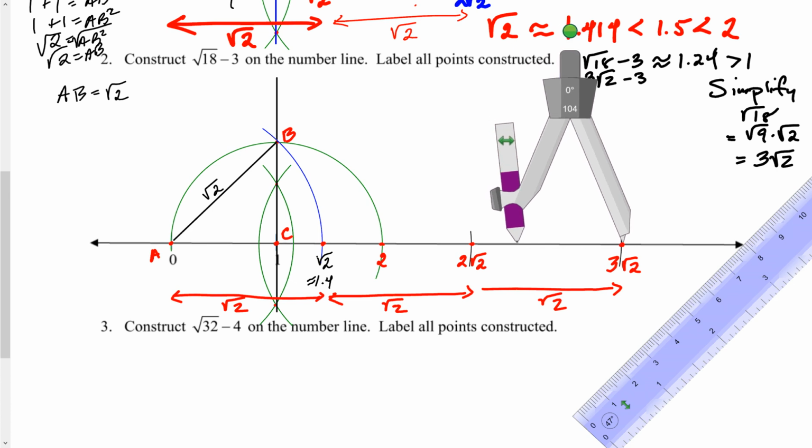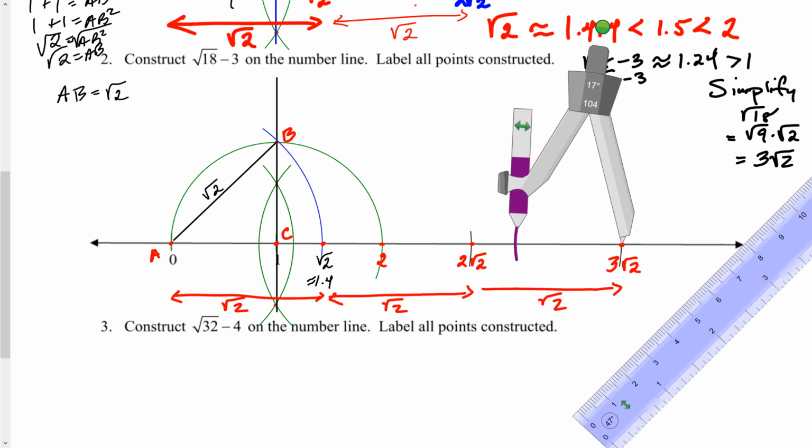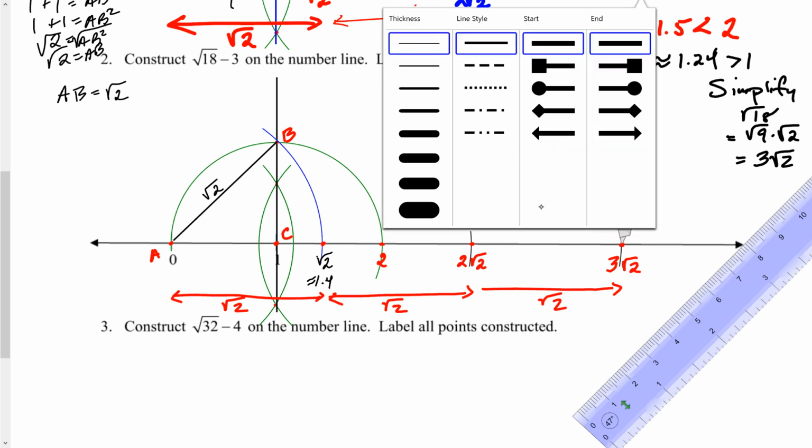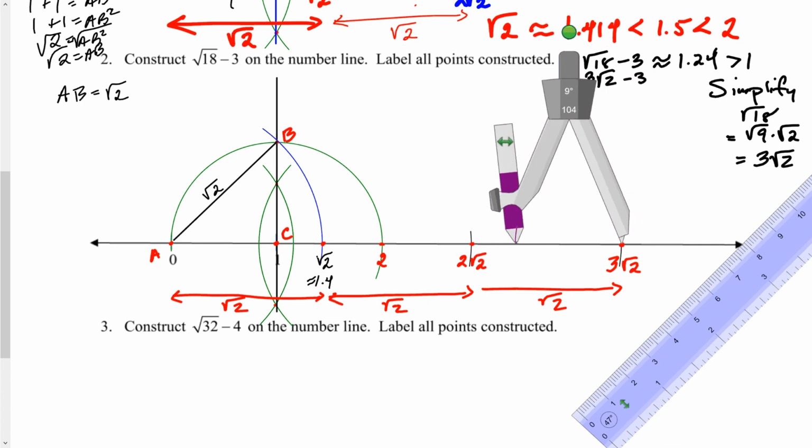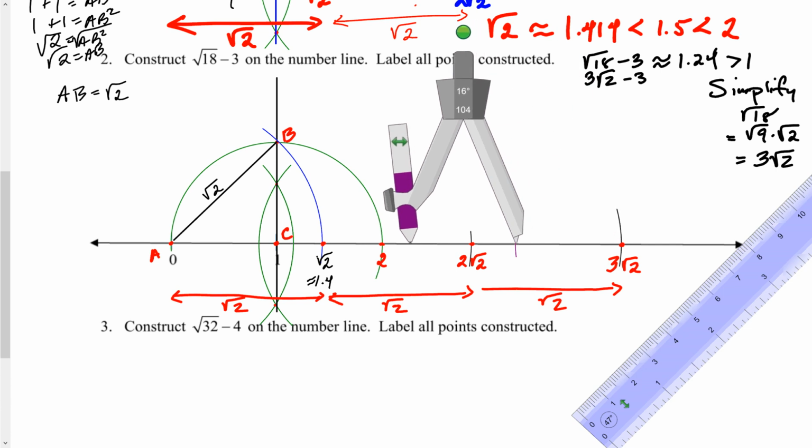Now we're at 3 root 2, and I've got to subtract 3. So let's subtract 1 here. That's too thick. Again, make all your lines thin. Right here, come back 1 unit. Move the compass and come back again. That's minus 2.